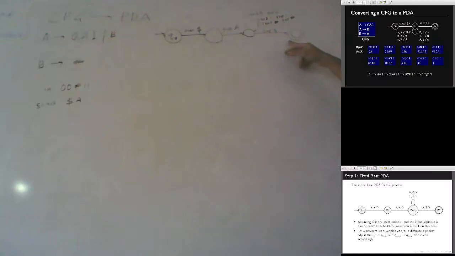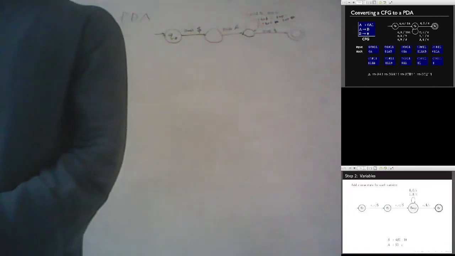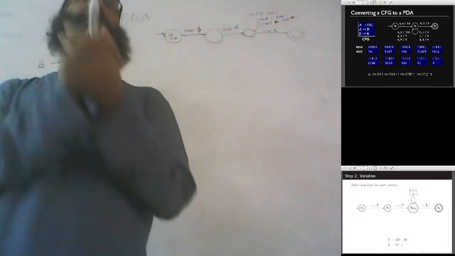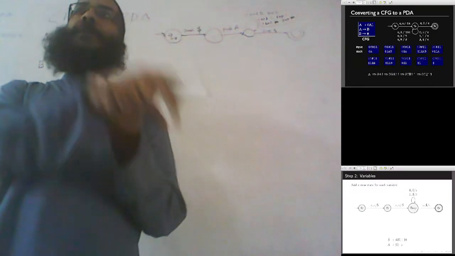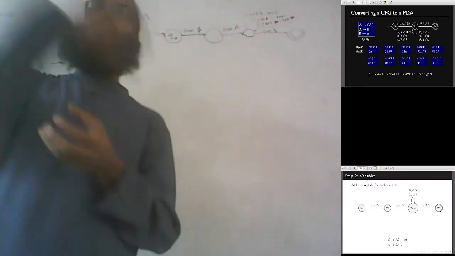So now what happens if you see a variable? The second step is to add a new state for each variable. Each time you see a variable, you need to pop that variable and replace it with a production.